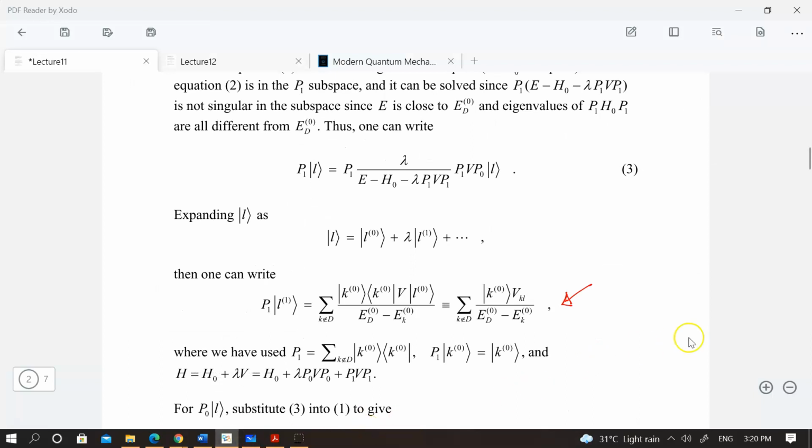Go back here. The confusion was the one at the denominator here. So essentially, that leads to this particular denominator. Okay. So I think the rest you can figure out yourself because they are pretty straightforward.